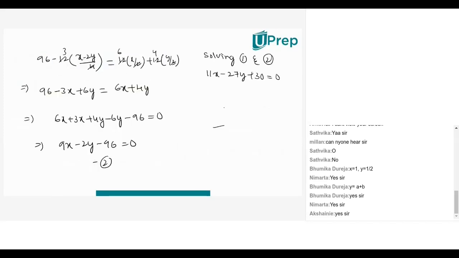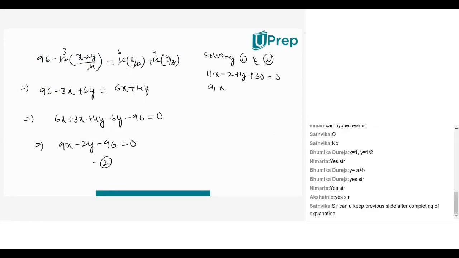So if you compare this with a1x plus b1y plus c1 equal to 0, what do you get? A1 is 11, b1 is minus 27, c1 is 30.